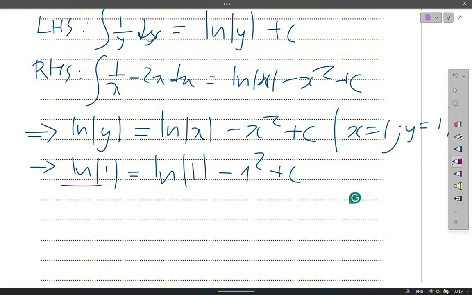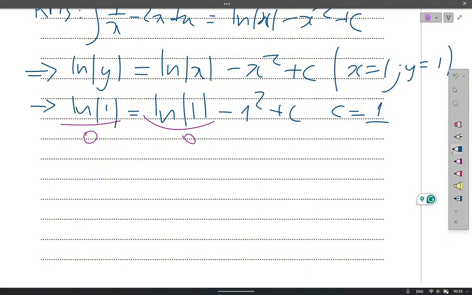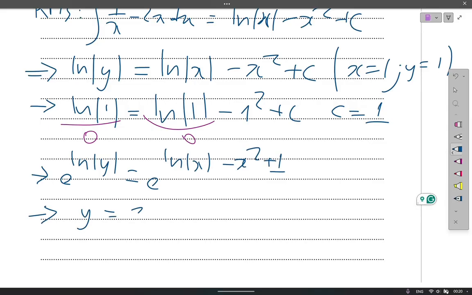Since ln 1 is just 0 and this is 0, the c value is just 1 in this case. And to get an expression for y, we can exponentiate both sides. So it's going to look like this, and it gives our final answer here.